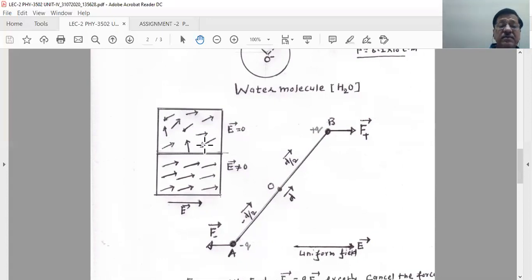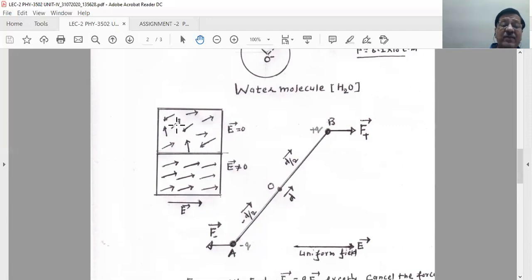Here I mention that each molecule of the sample is represented by a dipole. You can see this dipole here. This is the head of the dipole, and this is the tail of the dipole. This is how you represent the dipole here. This is basically one molecule, this is another molecule, this is another molecule, and each molecule is represented as a dipole.